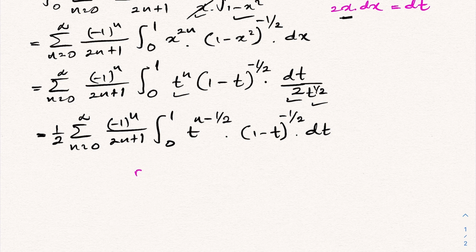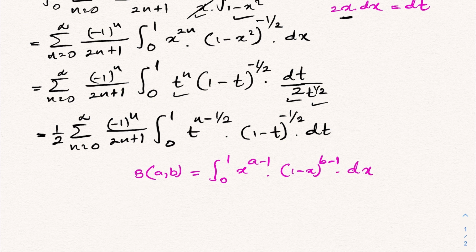We know beta of a, b is equal to the integral from 0 to 1 of x to the a minus 1 times 1 minus x to the b minus 1 dx. Now we have the same type of integral, so we can represent this integral by the beta function.